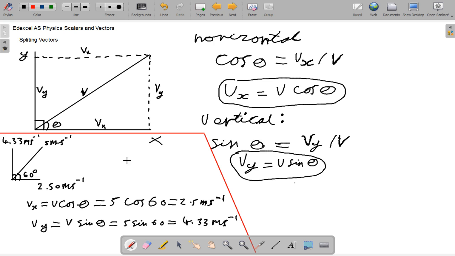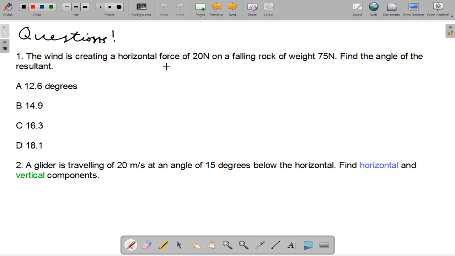So the two components can be split into 5 cos 60 equaling 2.5 ms^-1 and 5 sine 60 equaling 4.33 ms^-1. So you use the resultant velocity plus the sine or cos of the resultant velocity's angle, and then you get the different velocities. So moving on now to some practice questions.